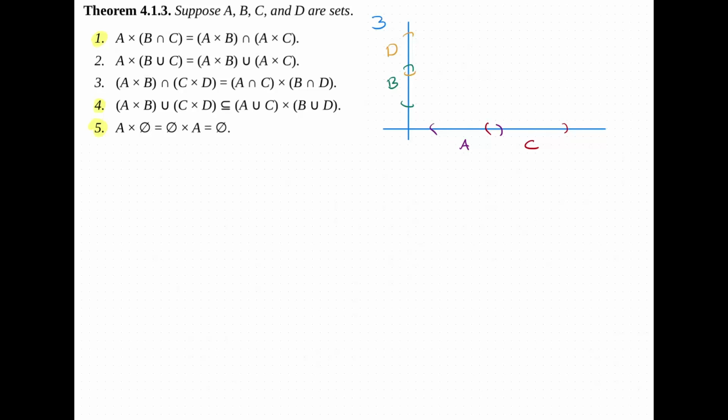So let's go ahead and visualize this here. So we have the Cartesian product of A and B, and we're intersecting that with the Cartesian product of C and D. So if we take the Cartesian product of both A and B, then that's going to give us this portion right here. So we're going to have this rectangle.